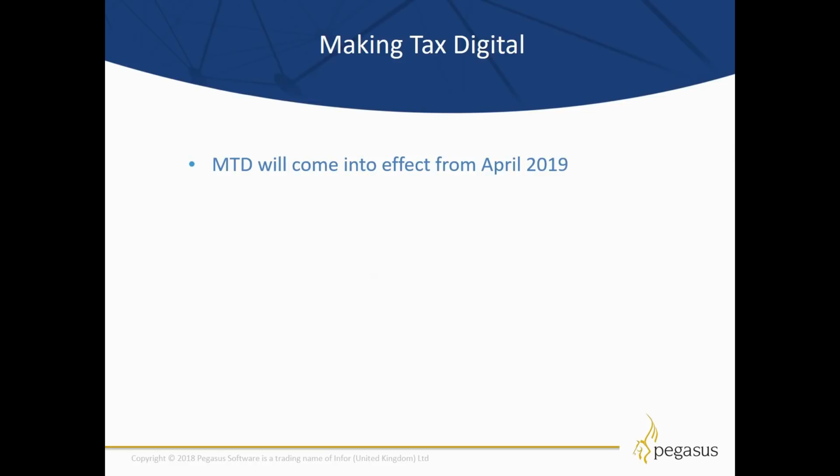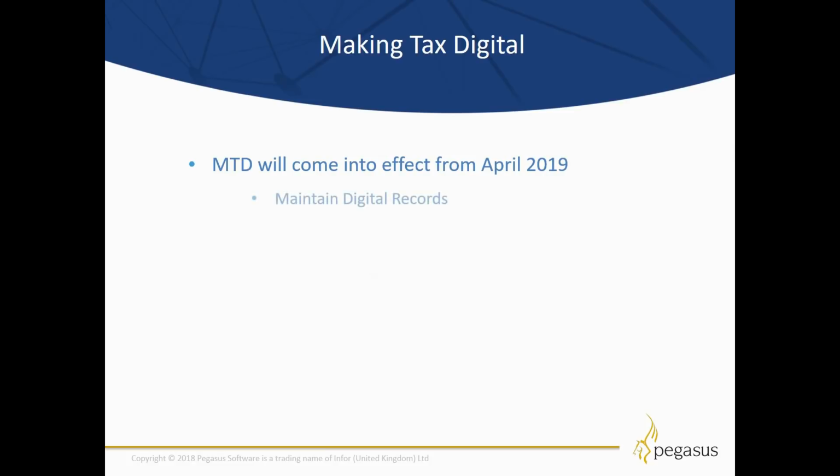As just mentioned, HMRC have mandated that from April 2019, all VAT registered businesses with a turnover above the VAT threshold will be required to maintain digital records and send their VAT returns to HMRC online. And I quote them, through Making Tax Digital functionally compatible software. You will no longer be able to enter your VAT figures manually on the HMRC website. You must use software to make those submissions.